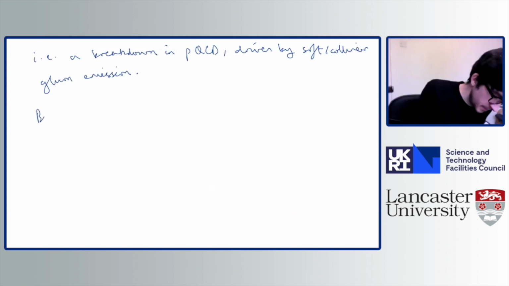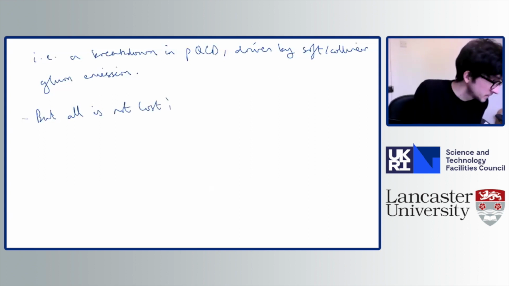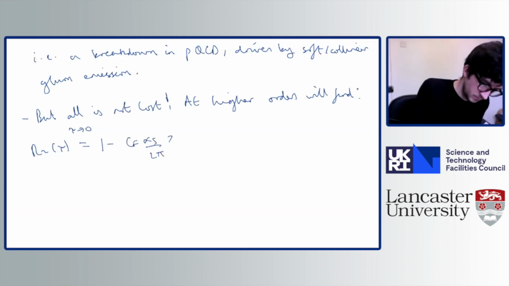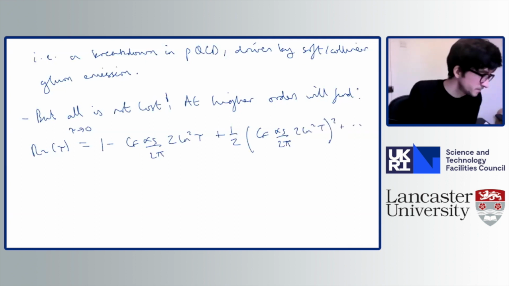But all is not lost. So without justifying it, but we will find this. So R2 of tau equals, as tau goes to 0, 1, so that's what we've just got, plus a half dot, dot, dot.